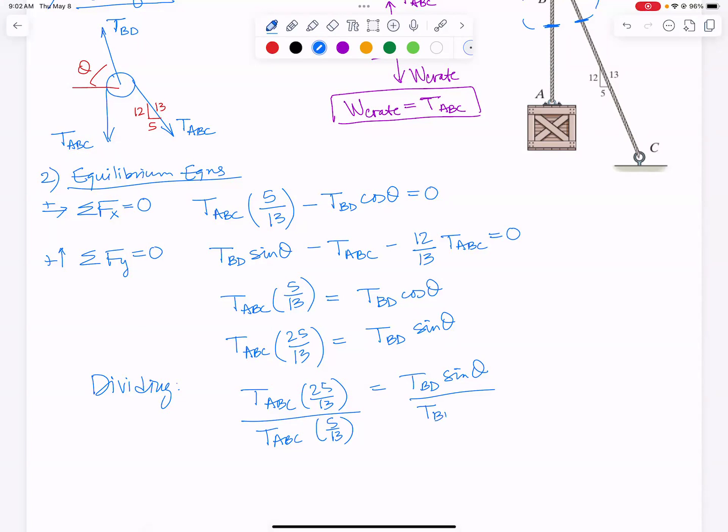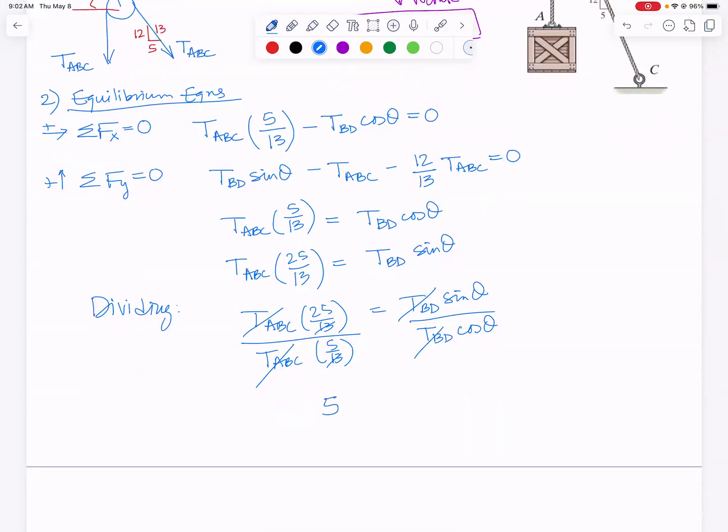So I'm dividing by the same thing, T_BD cos theta. Now this is cool. What happens? The T_ABCs cancel, the T_BDs cancel, and even the 1/13s cancel. So what I get is 25 divided by 5 is 5. Sine over cosine is tangent of theta. Theta is 78.7 degrees. The cosine of theta is not 0, and this division was legal.